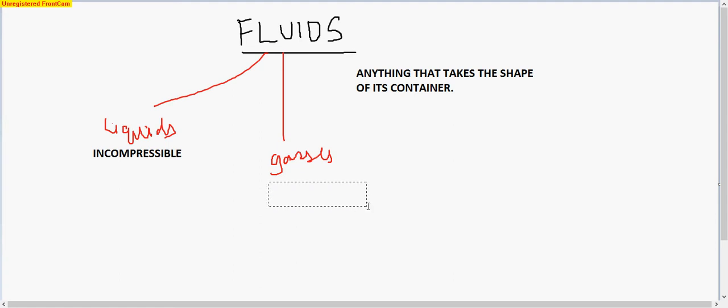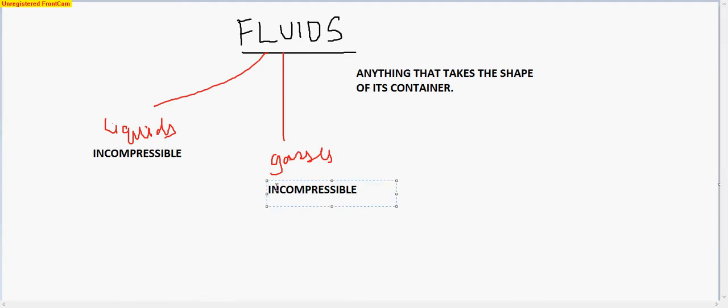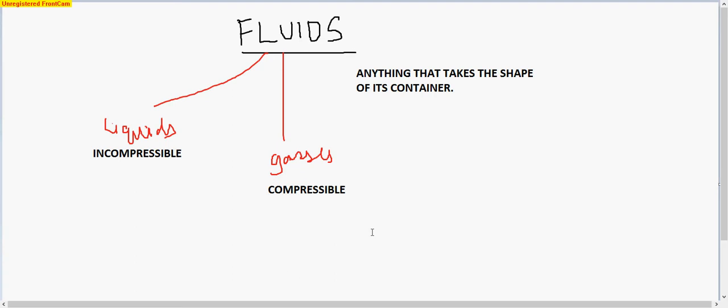Whereas, what about a gas? It is not incompressible, but it is compressible. As you know, many gases are compressible. You can squeeze a balloon filled with air because it's compressible, whereas you cannot squeeze a balloon filled with water much.